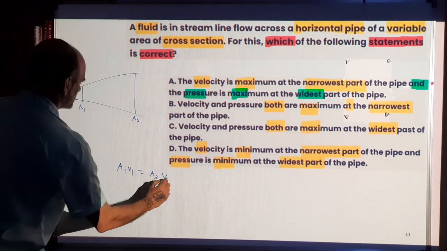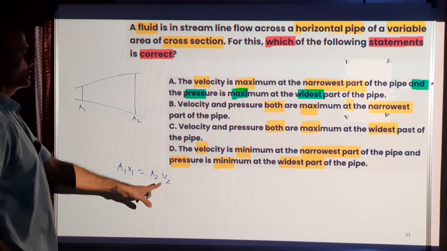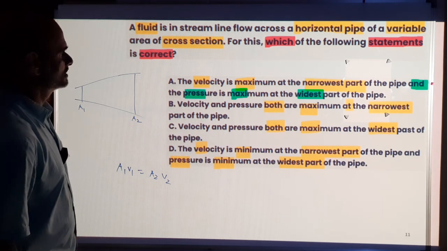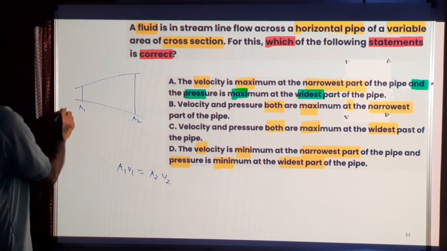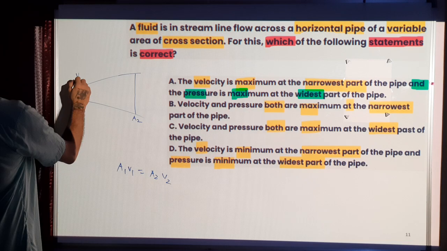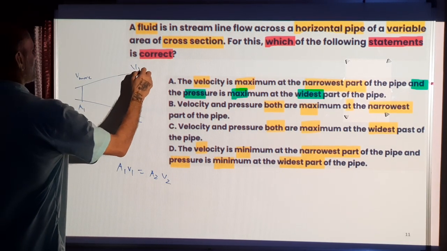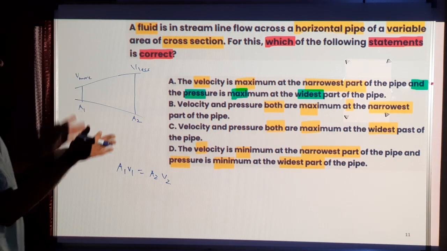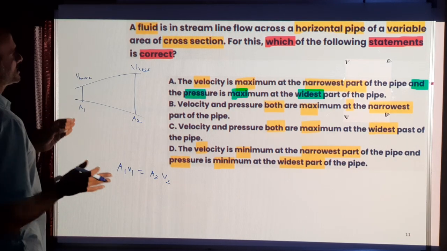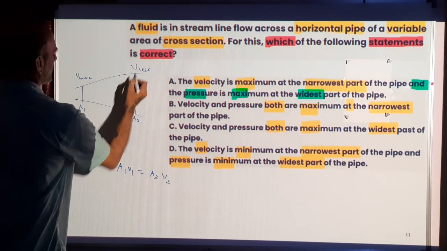Actually, rho A V is constant. Rho 1 A1 V1 equals rho 2 A2 V2. If we assume it's incompressible, rho will cancel. So here the velocity will be more. Here velocity will be less. A narrow pipe will go fast. If the pipe is broader, it will go slow.